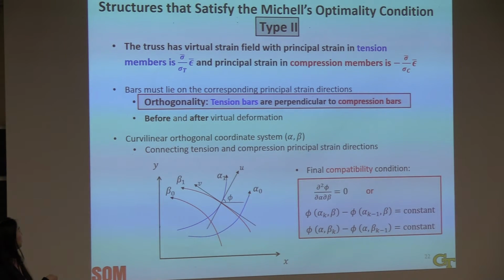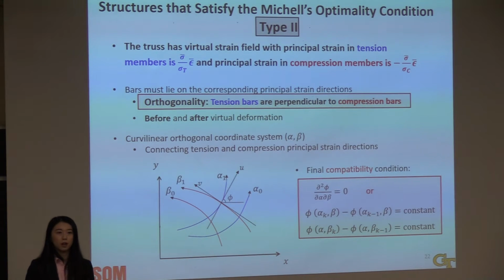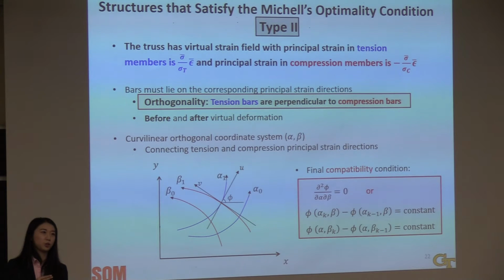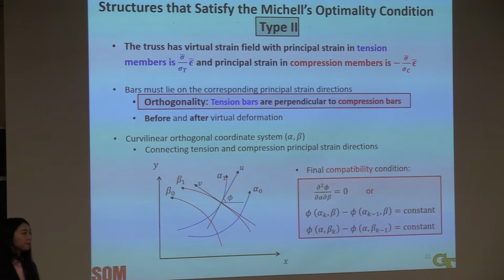And because the principal strain directions are always orthogonal to each other, we have the conclusion that the tension members and compression members, if they intersect, need to be perpendicular to each other. And this condition needs to be met both before we apply the virtual deformation and after we apply the virtual deformation.